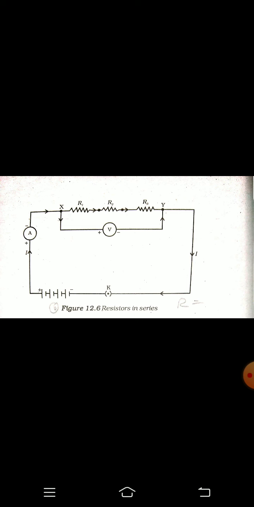Wherever in the circuit we keep this ammeter and we note the values each time, each time the value of electric current flowing through the circuit will be the same. This means that in a series combination of resistors, the current is the same in every part of the circuit, or the same current flows through each resistor.